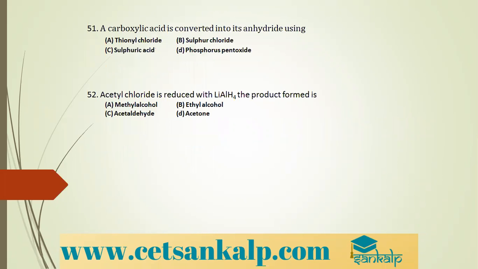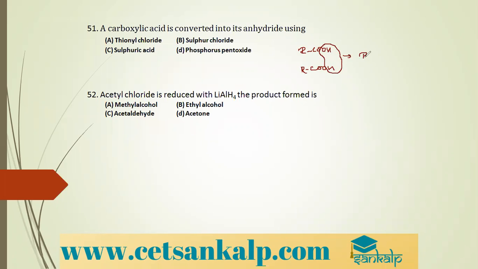51st question. A carboxylic acid is converted into its anhydride using, see, conversion of a carboxylic acid into anhydride. We know the structure of anhydride. Anhydride is the acid derivative, correct? So if I take two molecules of carboxylic acid, there will be intermolecular elimination of water, right?